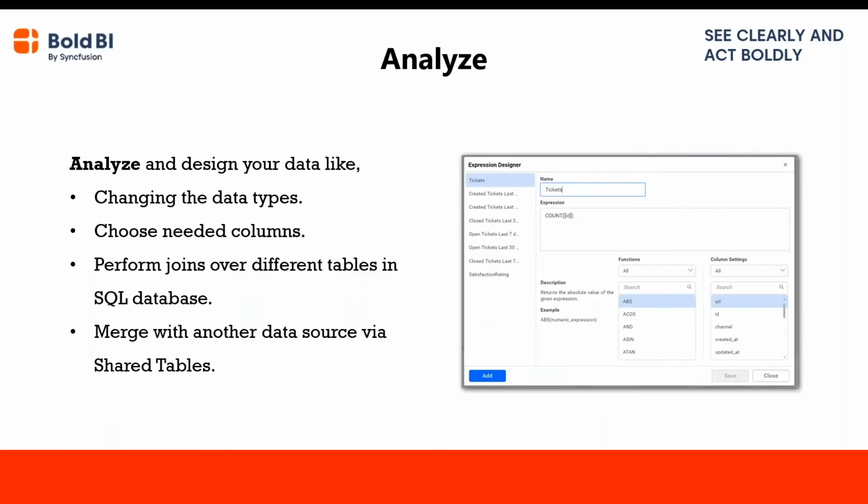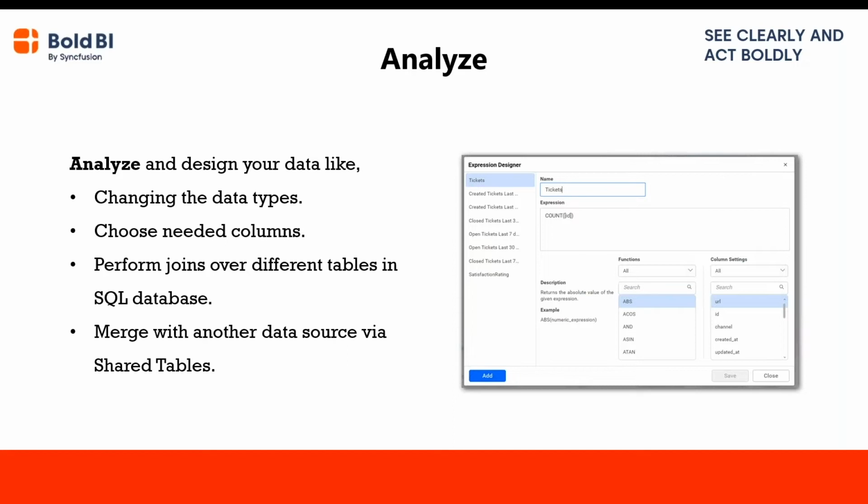Fine. Now we have connected with the data source. Next, the BI engineer would be analyzing the data, right? Analyzing or designing the data would be like changing the data types and selecting the columns. Whichever columns are necessary will be selected, and the BI engineer can ignore some columns.